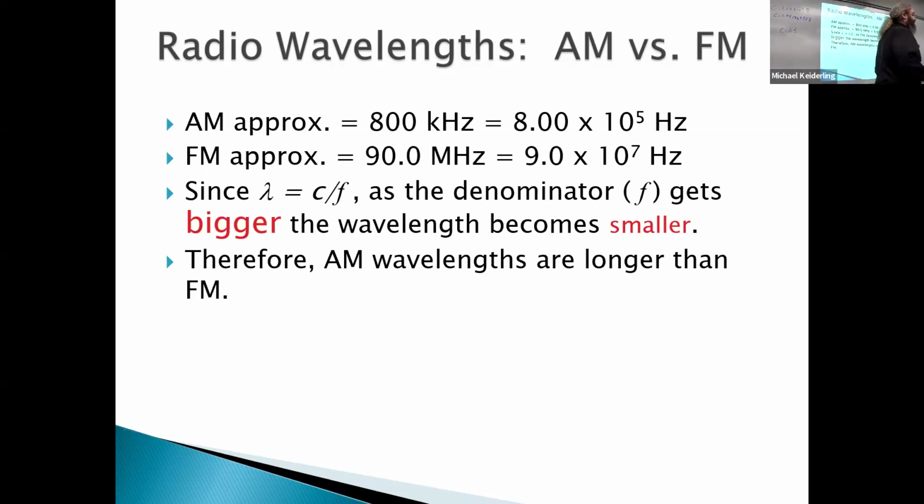So AM radio waves are in the hundreds of meters, while FM radio waves are a few meters in length.